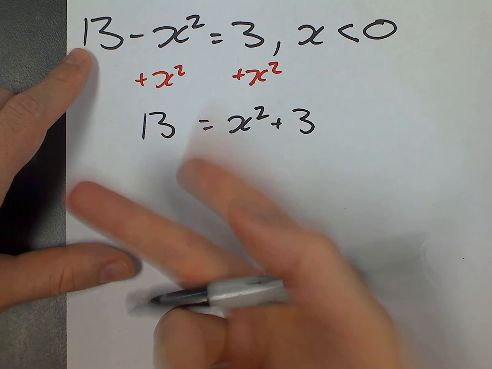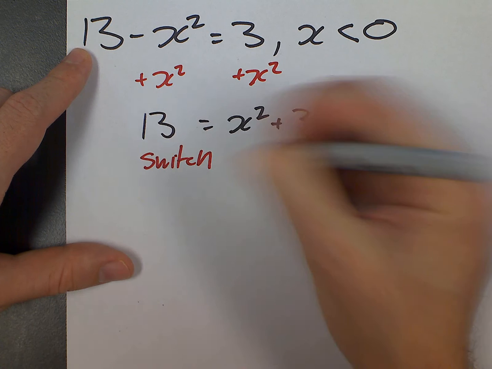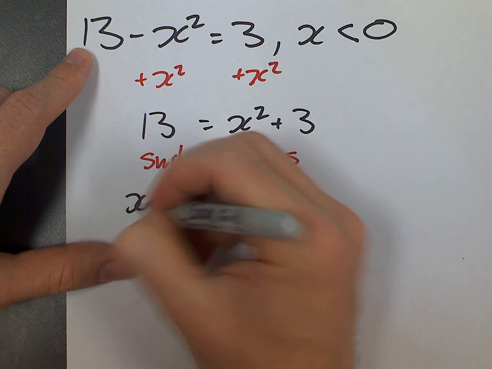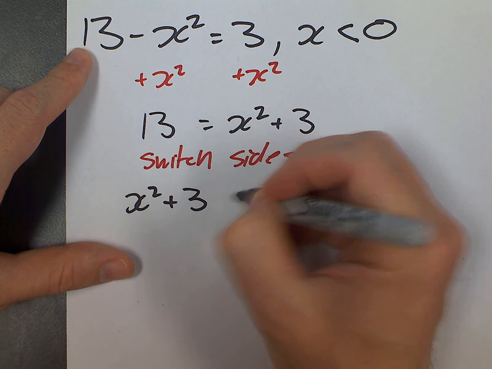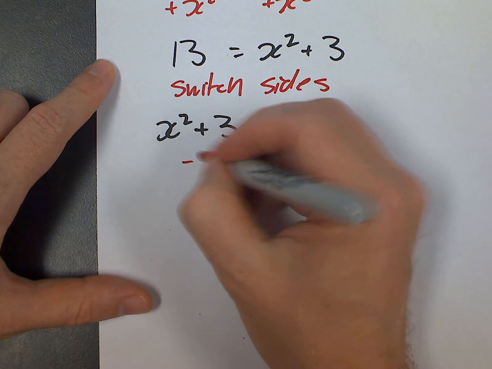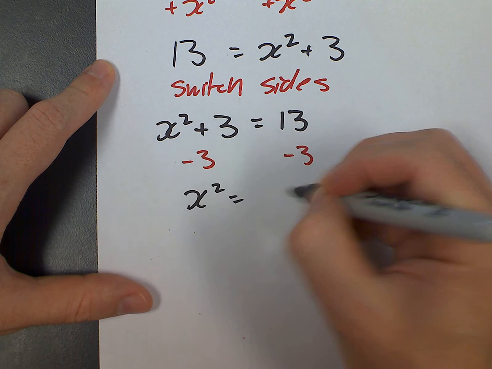Now I'm just going to switch sides. Usually you wouldn't write that, but I'm just explaining to you guys what I'm doing, so you're not confused. And then minus 3, and x squared equals 10.